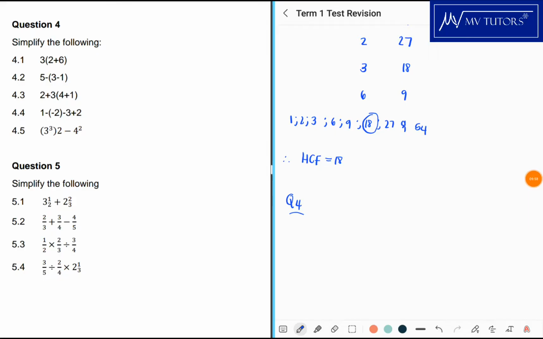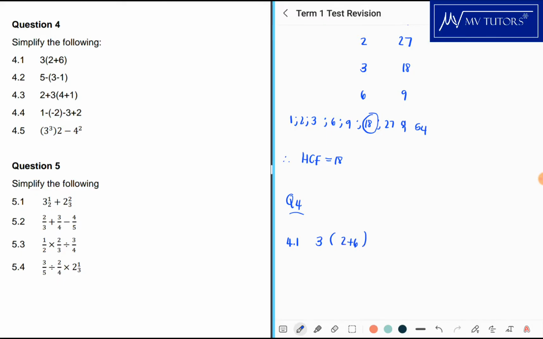All right, so question 4 says simplify the following. And you're going to use your properties for whole numbers, which is what we have been doing so far: the distributive, the commutative, the associative. Okay, so we have 3 followed by a bracket of 2 plus 6.